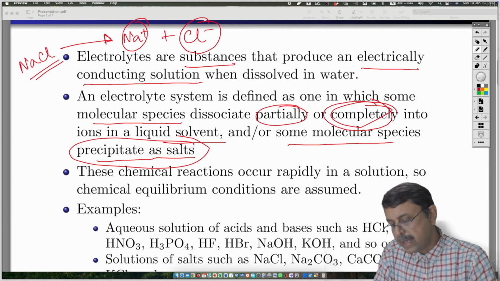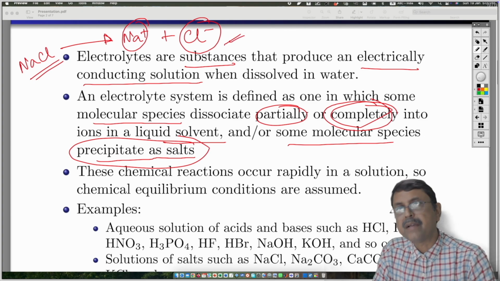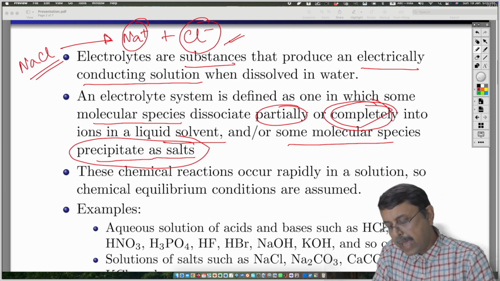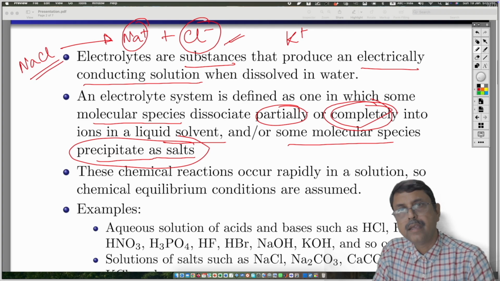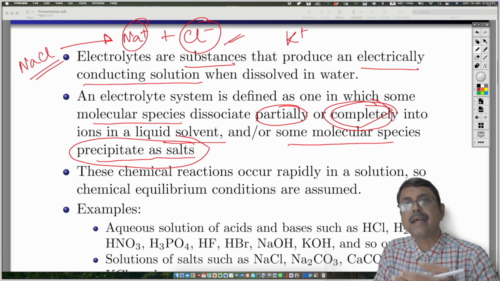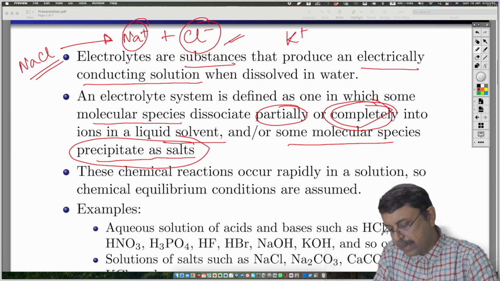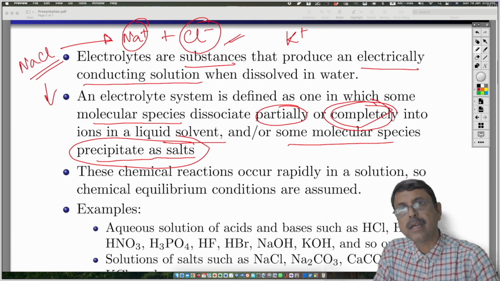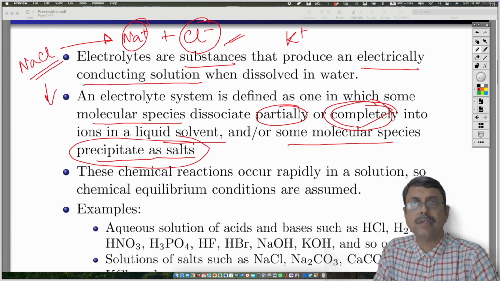For instance, if we have an excess of some ion, say chloride ion, and excess of some potassium ion in that solution, then after some time, when the solubility limit of the potassium chloride or sodium chloride is reached, any excess amount of those components will get precipitated to the bottom of the solution.